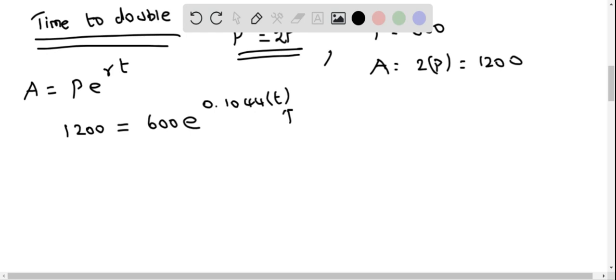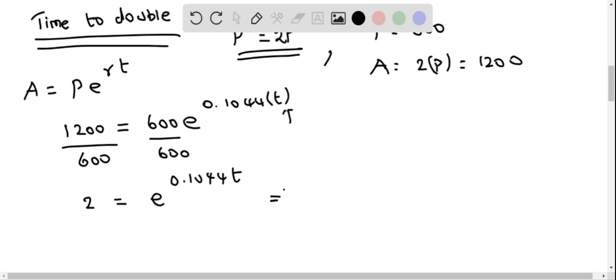First I divide both sides by 600. So basically this is 2 on this side, and I'll be getting e raised to the power of 0.1044t. Now to solve for t, we have to take the natural logarithm on both sides.